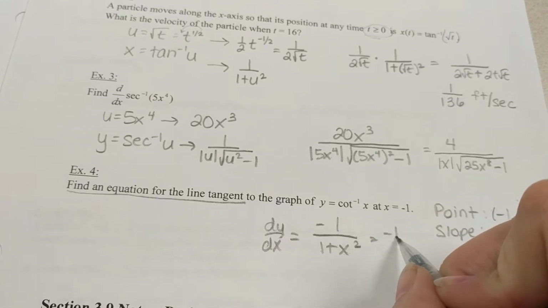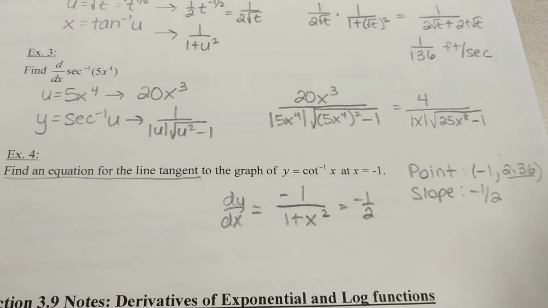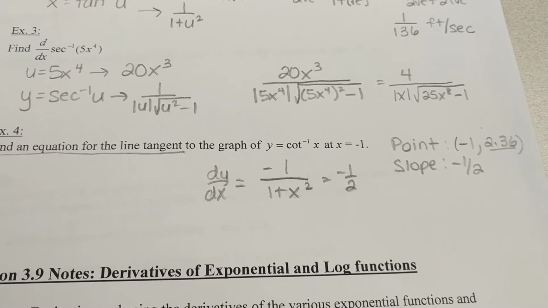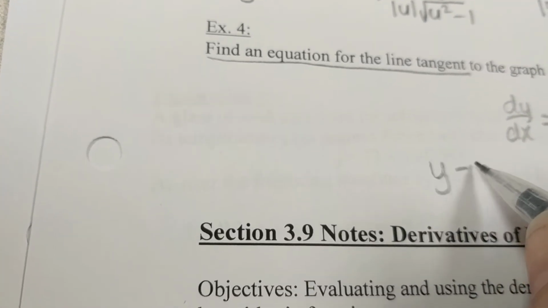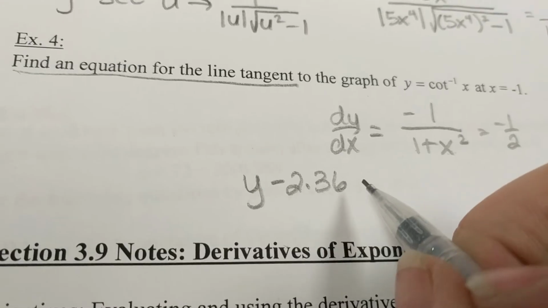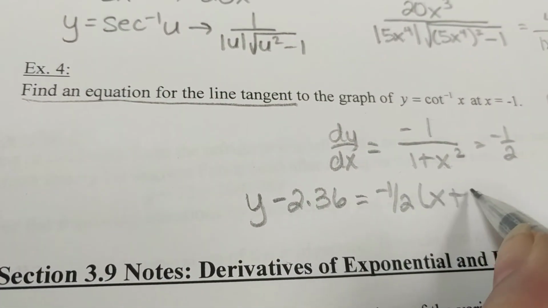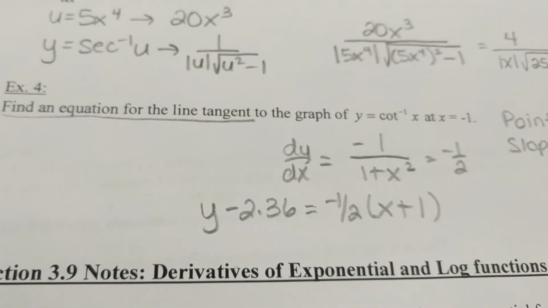So we get -1/2. So then the equation for my tangent line, y minus 2.36 equals -1/2 x plus 1. Ta-da!